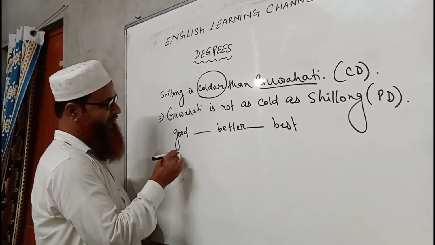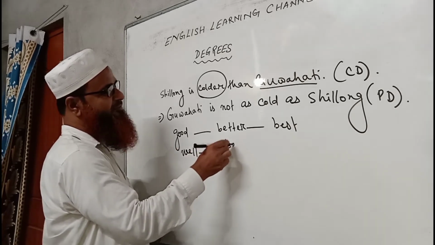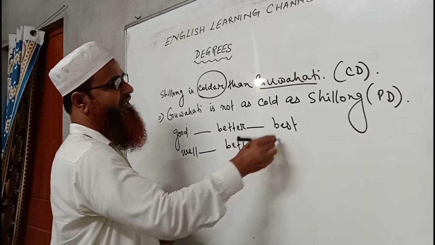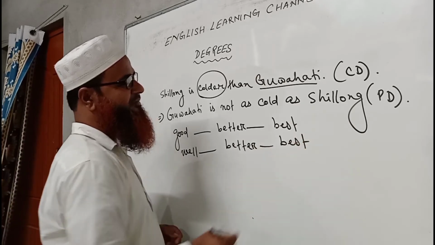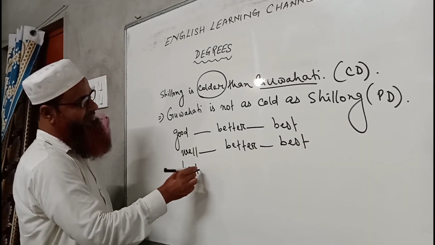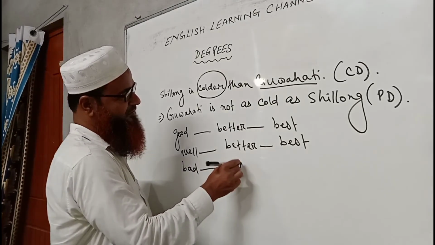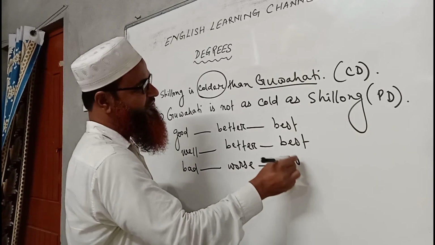Likewise, well, better, best. Then you may write bad. It never becomes "badder" or "baddest"; it becomes bad, worse and worst.